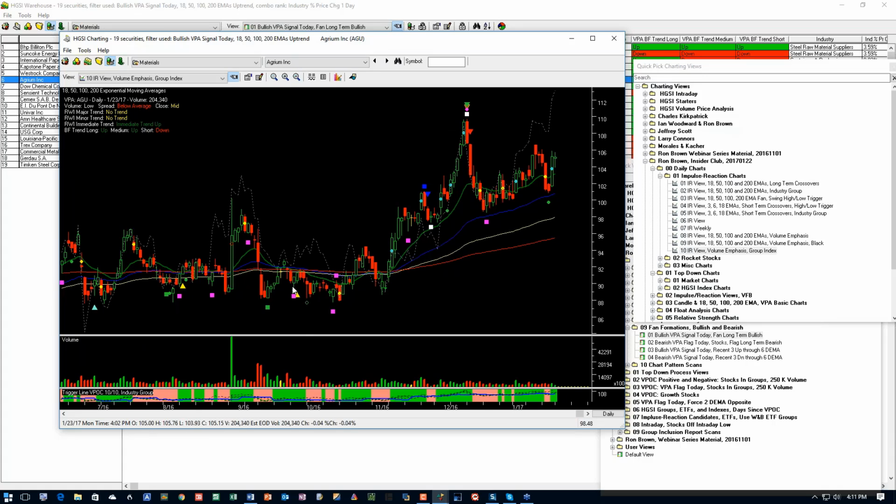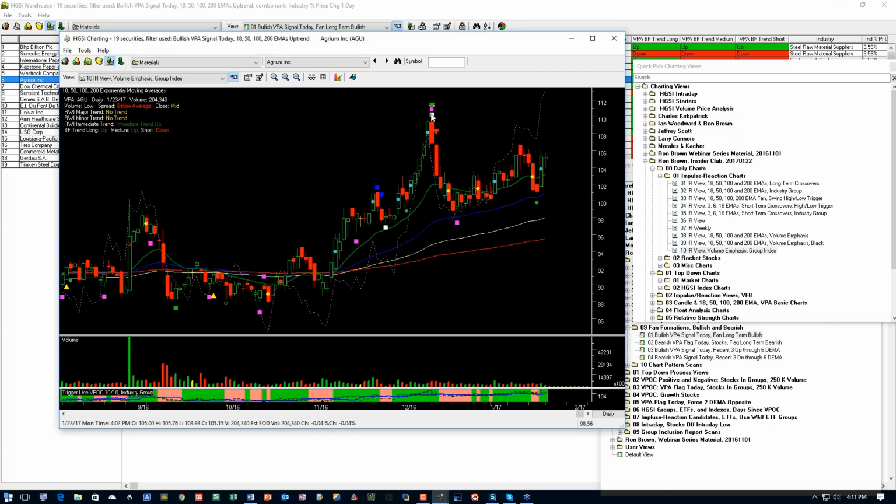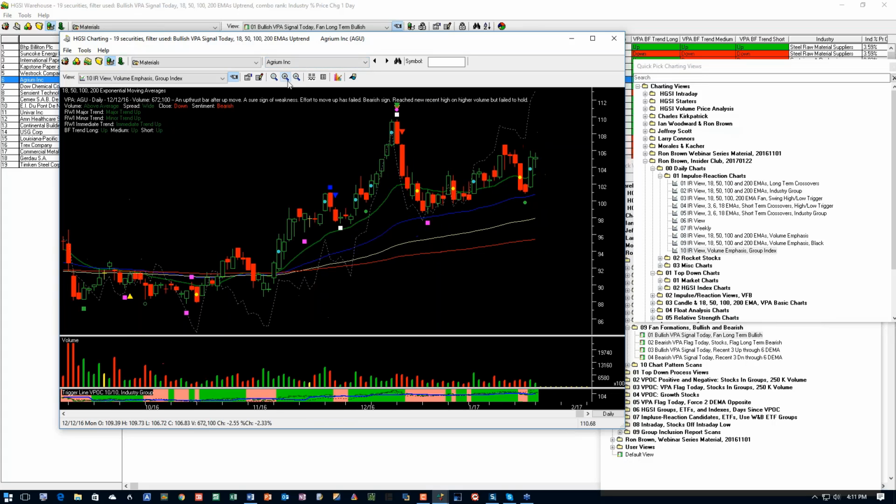Okay, let's look right at this area in here. Here is where the multiple VPA flags went off. What happens is when you get a big bar like this, it's going to skew it. So what I do is I just zoom in until that gets out of the frame, and then I get a much better feel for what the volume is doing.